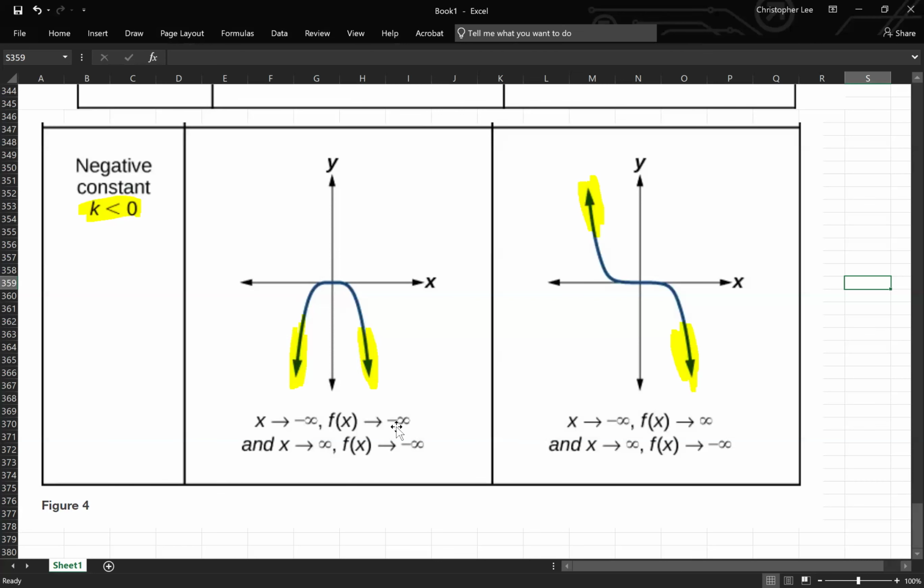It's the x-axis, sorry about that. It's flipped over the x-axis. So now as x goes to negative infinity, the y values are going to infinity, and as x is going to positive infinity, the y values are going to negative infinity. So it's kind of flipped a little bit.